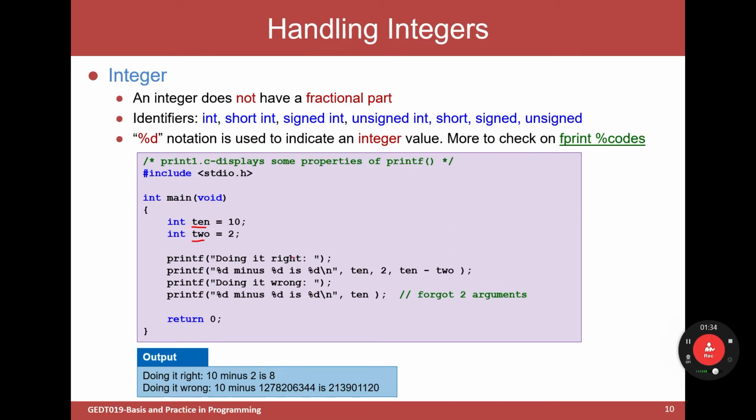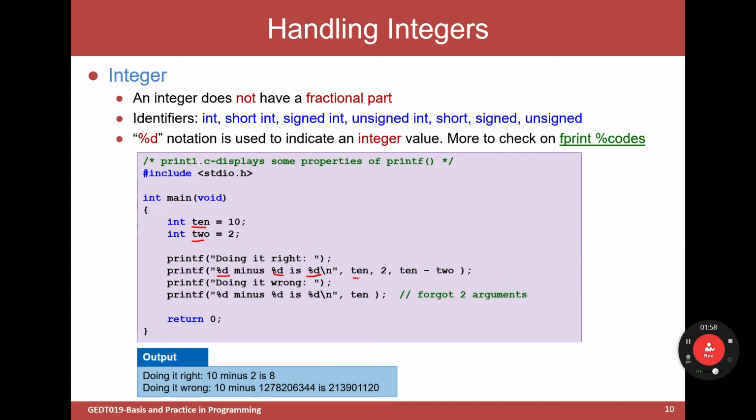This is just a normal printf sentence, and then there is the next one, which receives three arguments: one digit minus another digit is equal to another digit. To print this sentence correctly, I need to provide three arguments here.